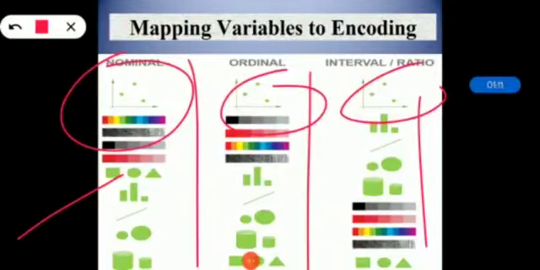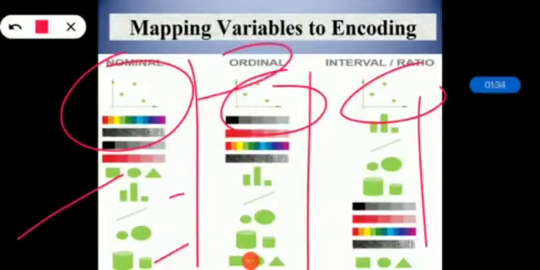When we are talking about nominal data, no value is more important than the next. While position is the best, circles and squares can also be helpful when you are trying to display the data. Talking about ordinal, we are trying to map data with an inherent ranking.